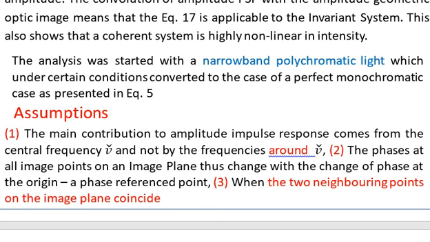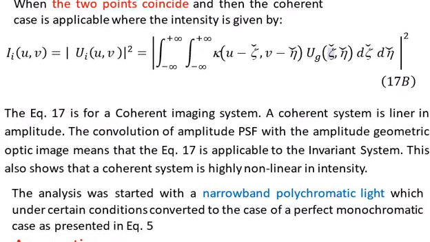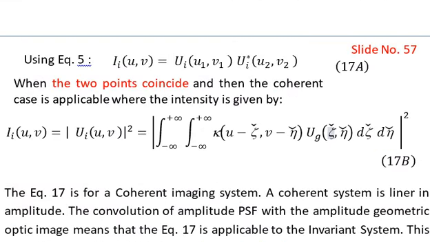Point number 3 was that the two neighboring points on the image plane coincide. Here we are assuming that u1, v1 and u2, v2 coincide with each other, and under that condition we have written the expression given in equation 17b.